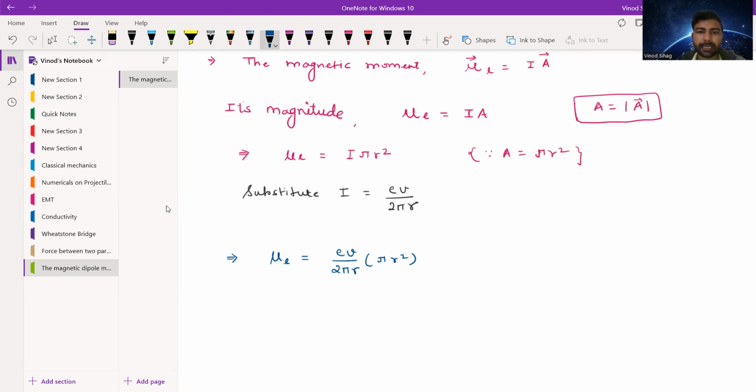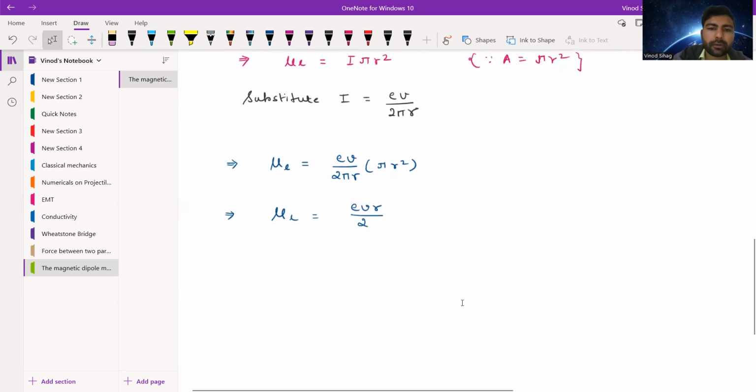So pi and pi will be cancelled out, and the square is cancelled out by r, and there will be one r only. So it will become mu L equals to EVR upon 2. So this is the equation, EVR upon 2.